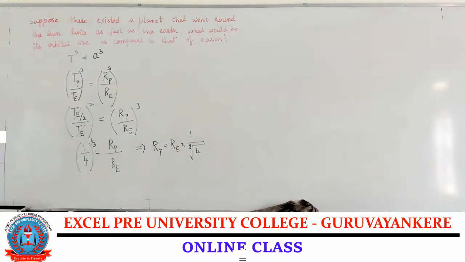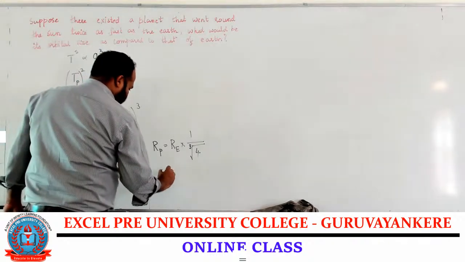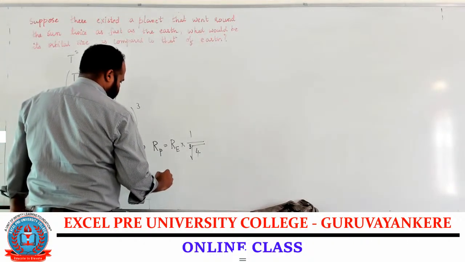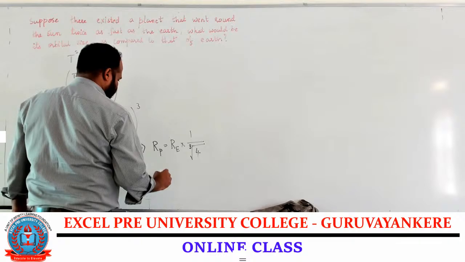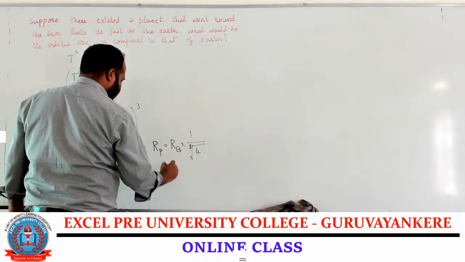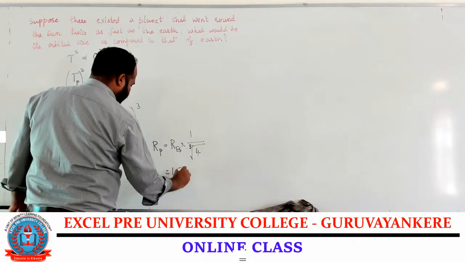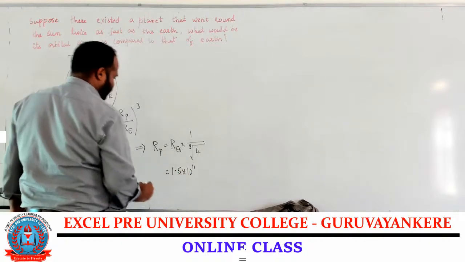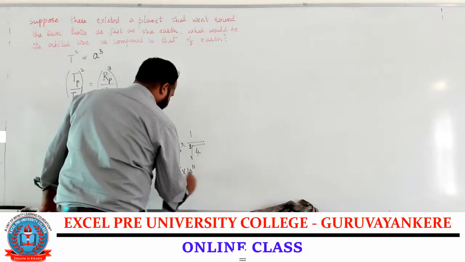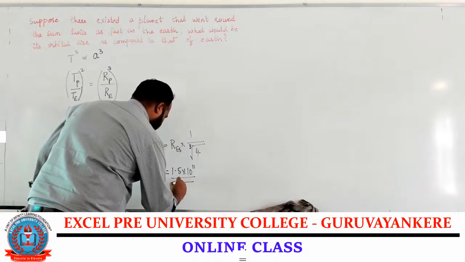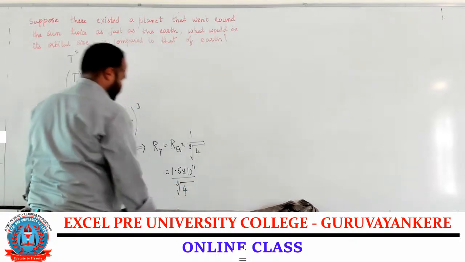The orbital radius of the earth around the sun is around 1.5 into 10 to the power 11 meter, by cube root of 4.